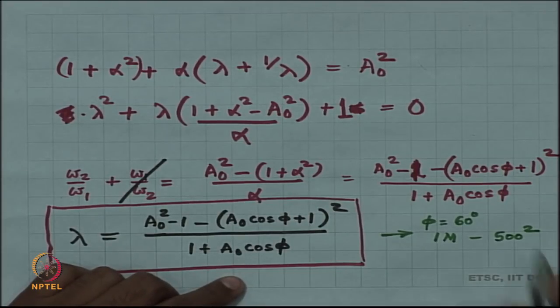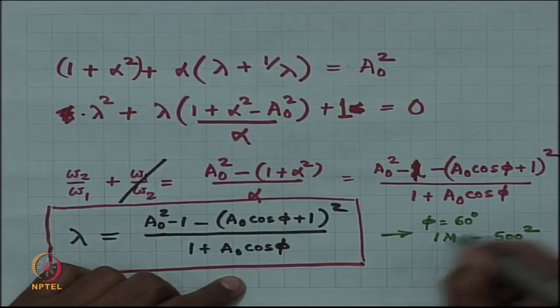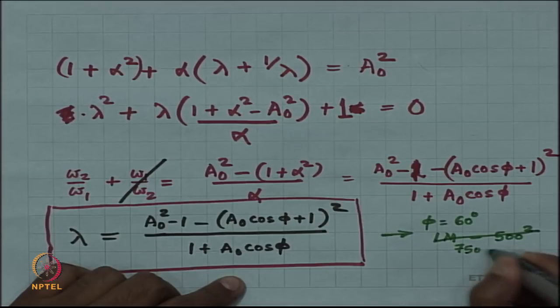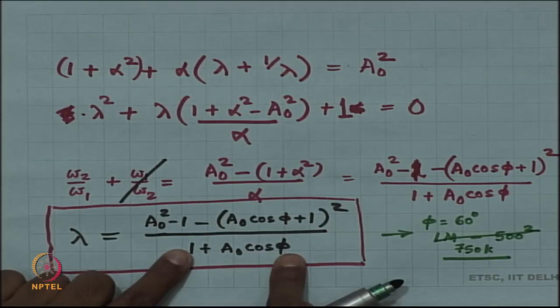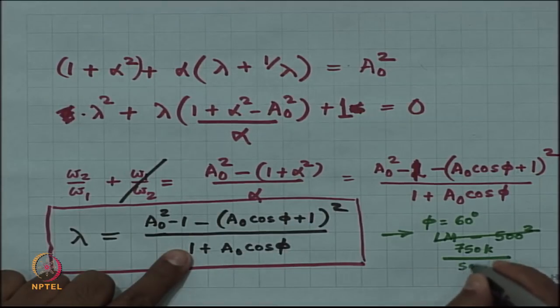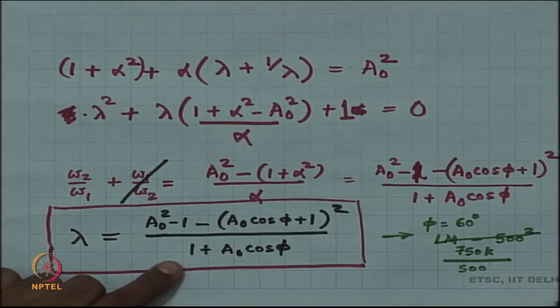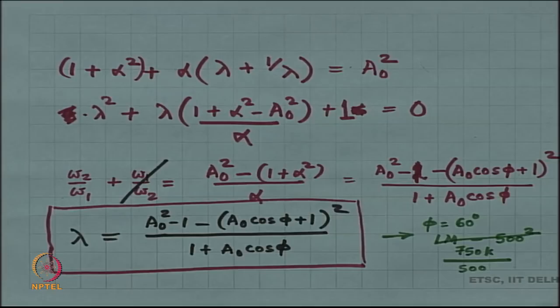So, 1 million minus 250,000 is 750,000, divided by 1 plus 500. So, 750 k by half k, which gives you 1500. Lambda is equal to 1500.